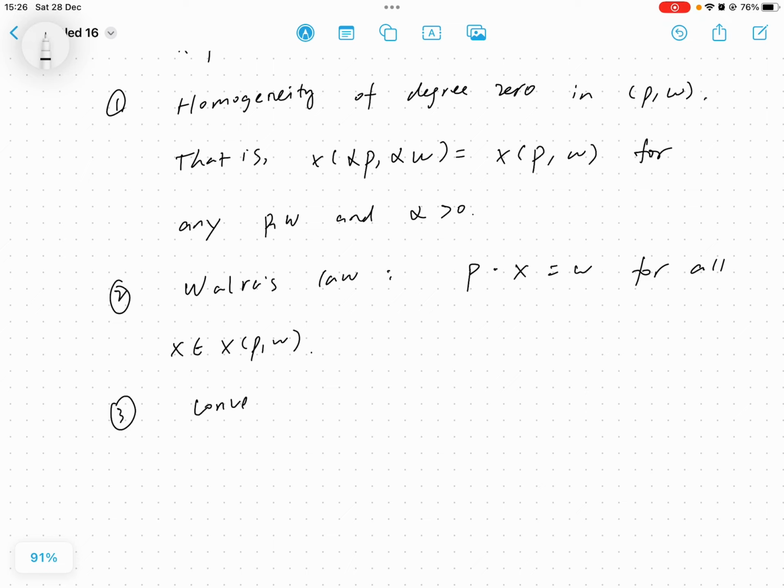The last property is convexity or uniqueness of this x.